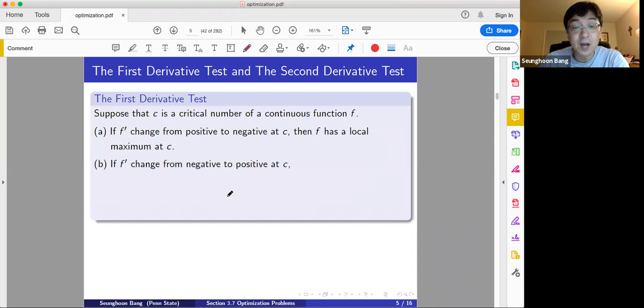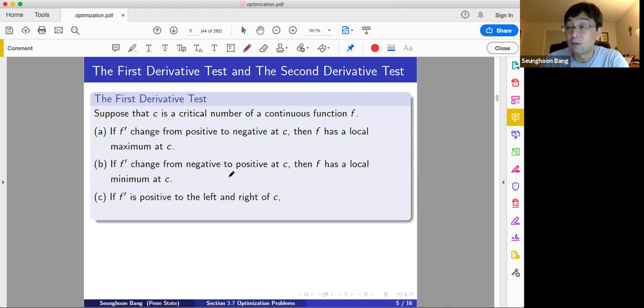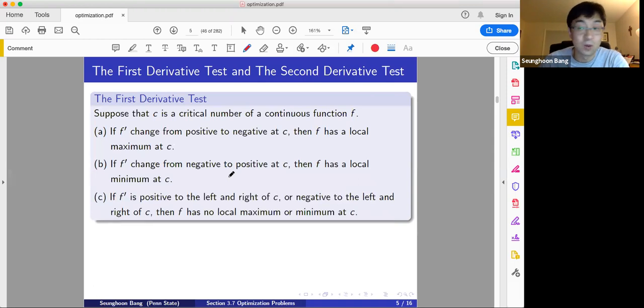If f prime changes from negative to positive at c, then f has a local minimum at c. If f prime is positive on both sides of c, or negative on both sides of c, then f has no local maximum and no local minimum.